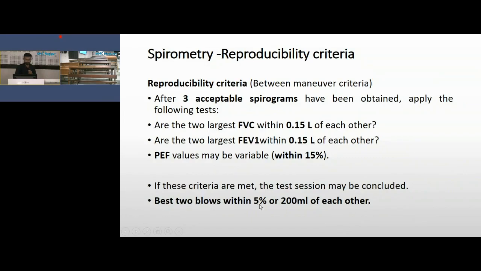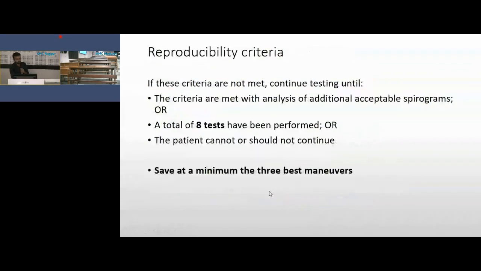The best 2 blows are within 5%, or, it's a mistake, actually within 150 ml of each other. If the criteria are not met, continue testing until the criteria are met with analysis of additional acceptable spirograms, or a total of 8 tests have been performed, or the patient cannot or should not continue. Save at the minimum the 3 best maneuvers.